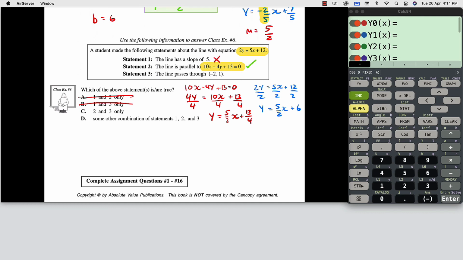And it says that the line passes through points -2 and 1. Well, -2 is our x value and 1 is our y value. So all we need to do here is take our original equation, which is 2y equals 5x plus 12.